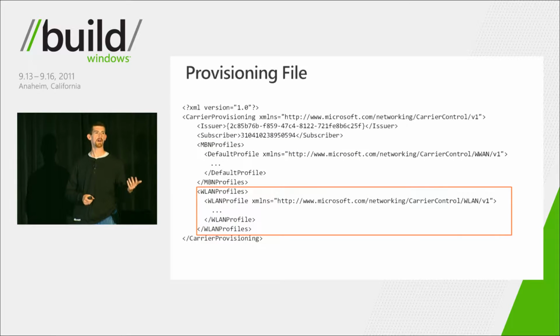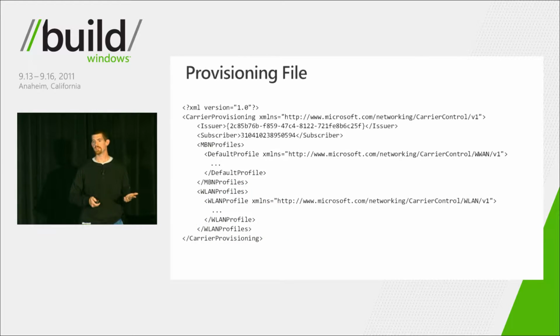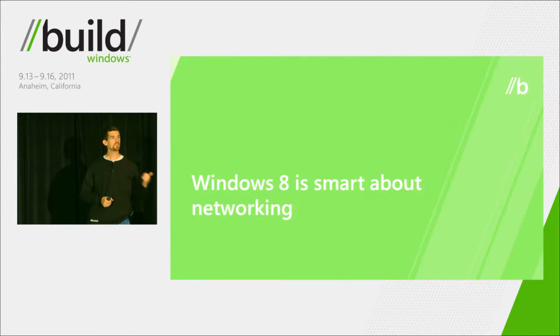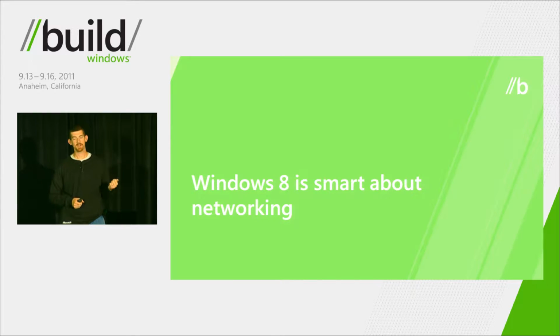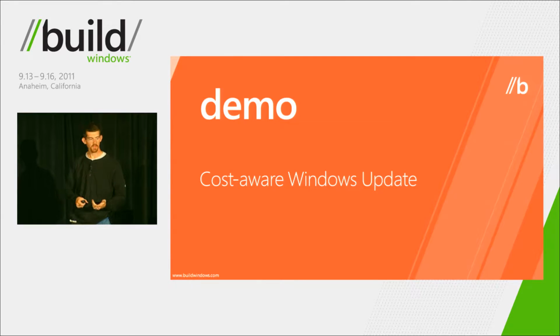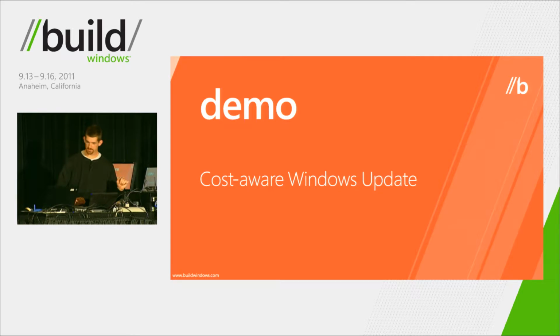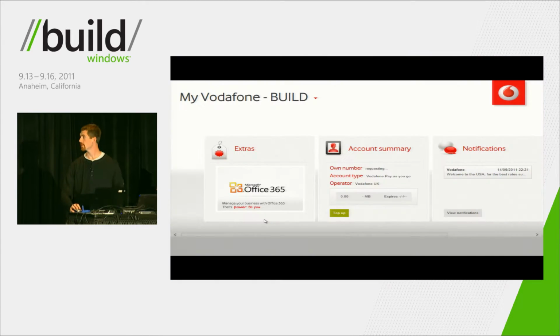So these are hotspots that the user can transition to either to move data off of the mobile operator's network or to have no cost if it's uncapped. Using that information, that is what enables Windows 8 to be smart about networking. So now we're going to take a look and see some of the ways that Windows 8 changes its behavior based on the network it's connected to.